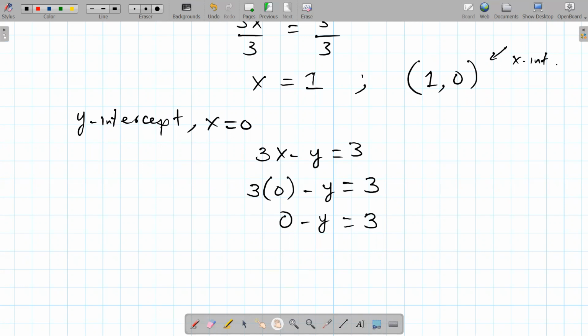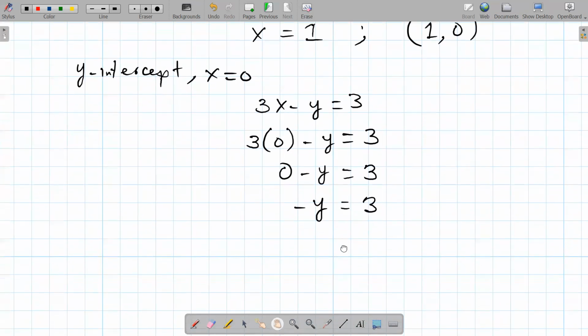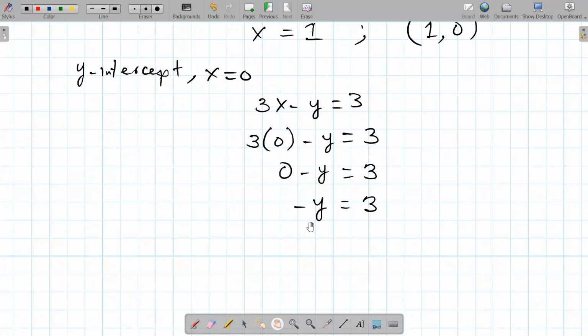So here we're going to have negative y equal 3. Now, we need to solve for y, but there's a minus here. In other words, there's a negative 1 here. So I need to divide both sides by negative 1, just so that I can get rid of this negative. And so I will be left with y, and this will be 3 over negative 1, which basically is negative 3.